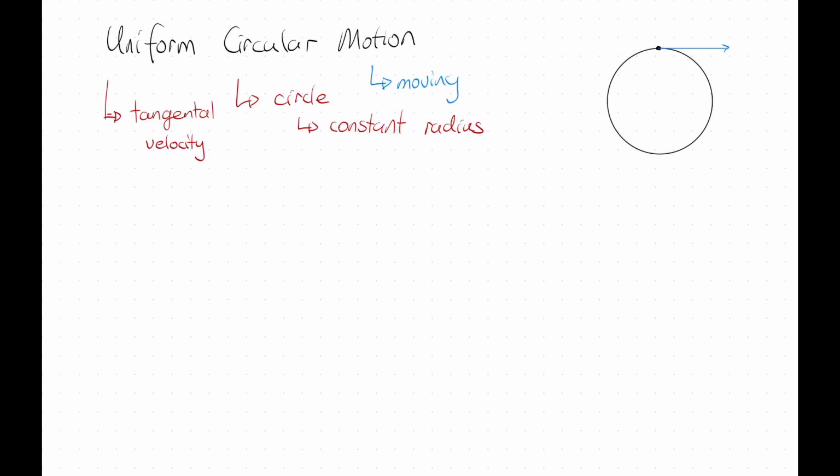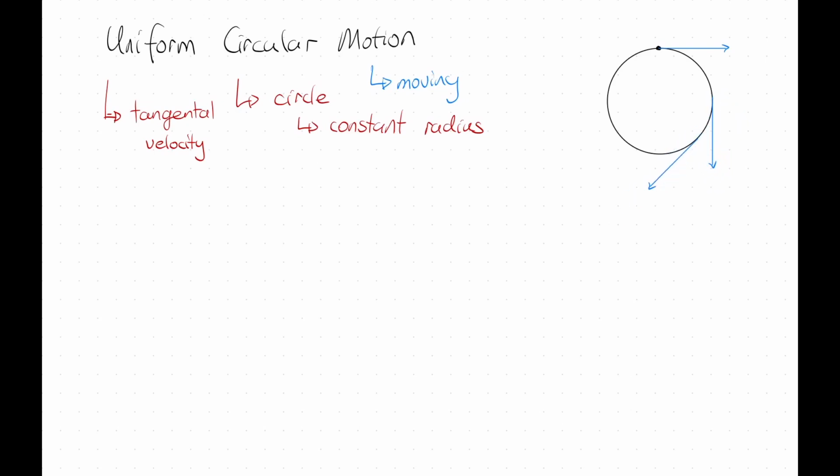What do I mean by that? Uniform tangential velocity would mean that its velocity to the tangent is always going to be the same. So that means I would, let's say, copy this, duplicate it, and then be able to rotate it and put it there. I would then be able to duplicate it again and move it there.